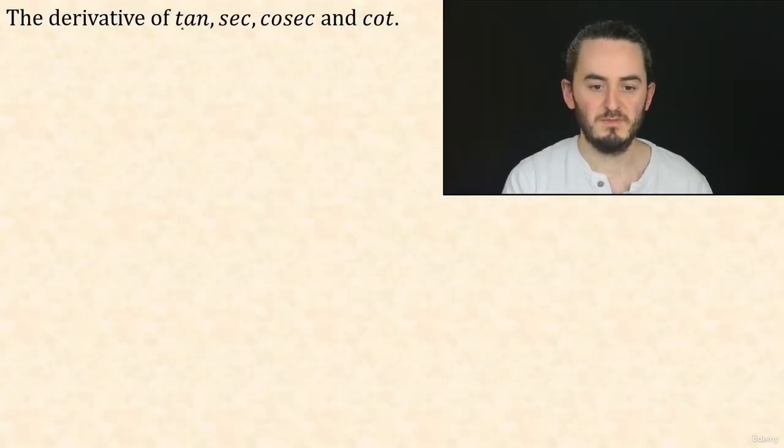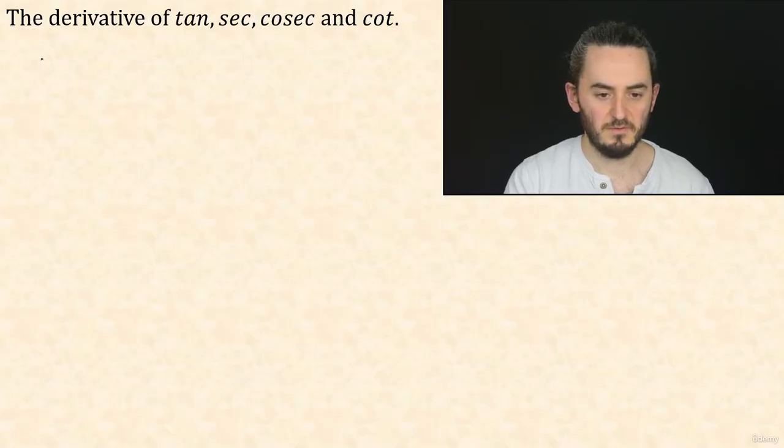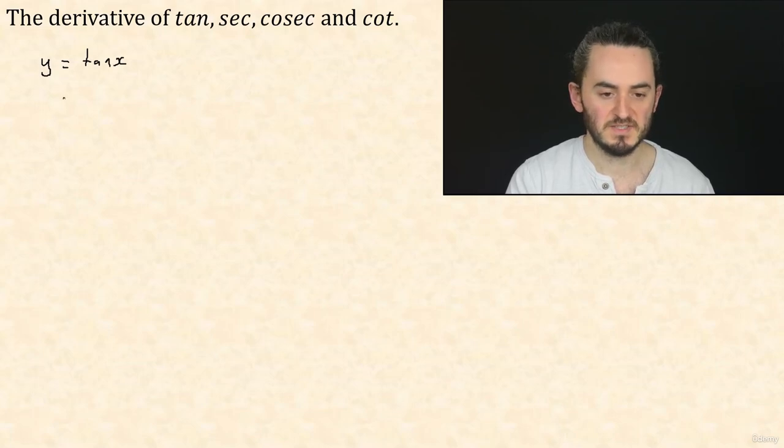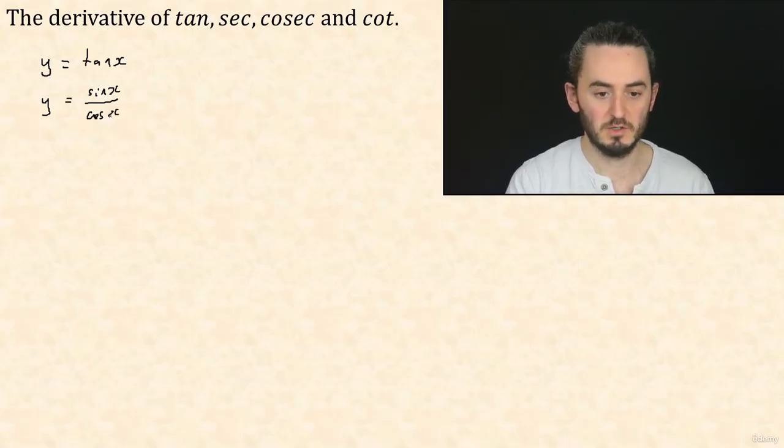Let's begin with the derivative of tan. So if I have y equals tan x and I want to find dy by dx, I can express tan x as sine x divided by cos x. And I know the derivative of sine and cos, which means I can use the quotient rule for this.